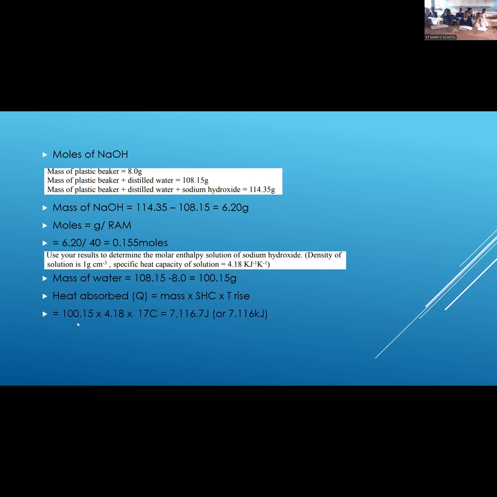There it is. 100.15 times 4.18 times 17, 7,116 or 17 in joules. I divide that by the number of moles of sodium hydroxide, and that's it. It should be a negative number. I've missed off the negative. It should be a negative number because it is exothermic. It gets hotter.